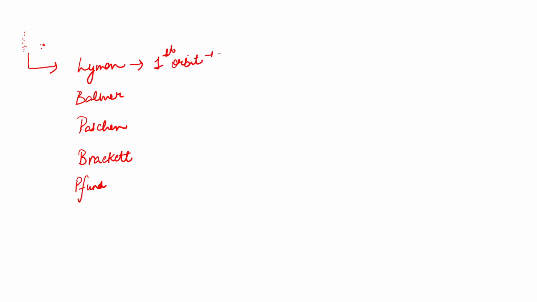The first one is the Lyman series, then comes Balmer, then Paschen, then Brackett, and then the Pfund series. Remember, in the Lyman series the transition is to the first orbit. It means n1 will be 1 and n2 will be 2, 3 and so on.